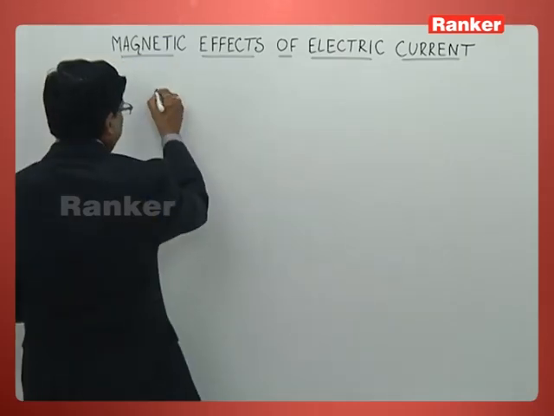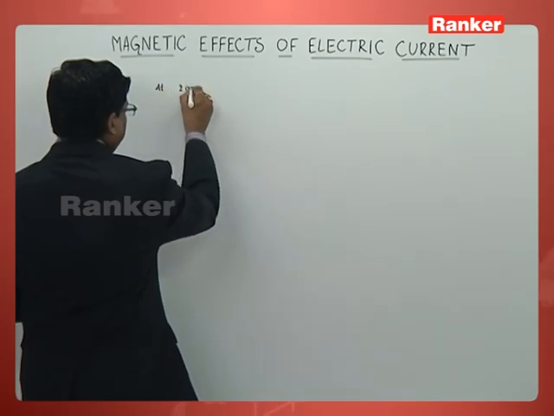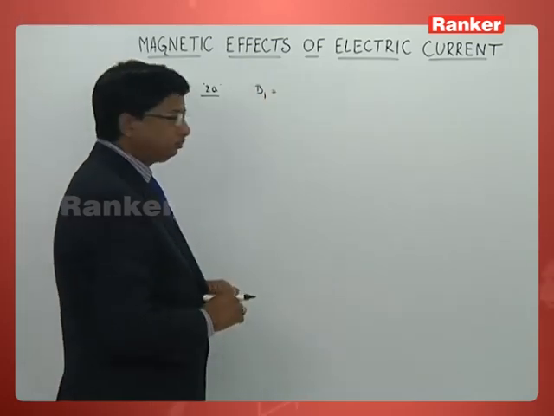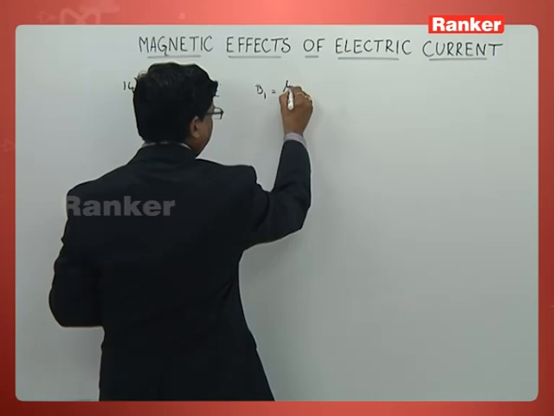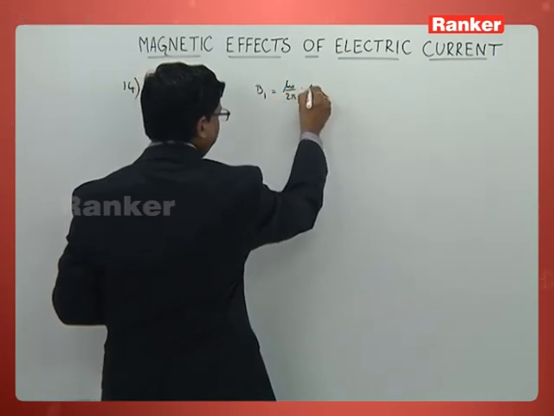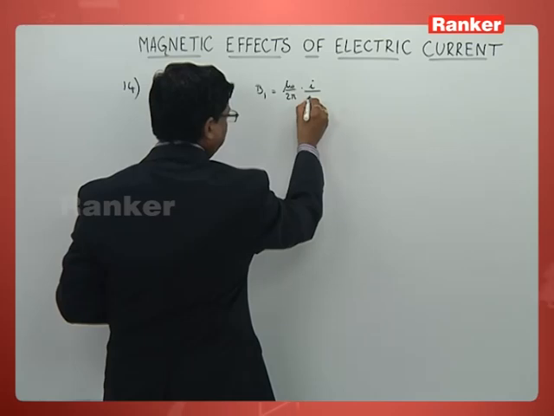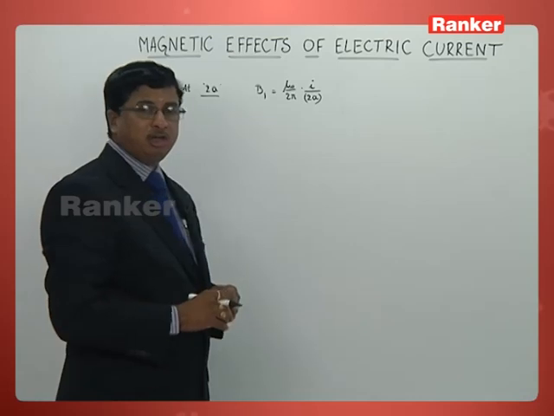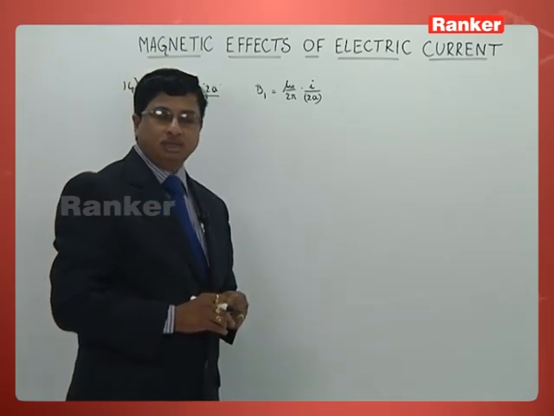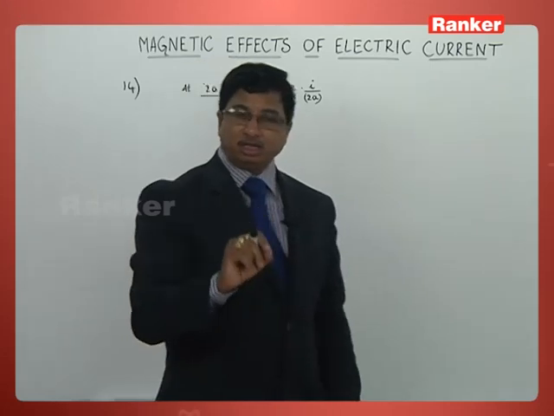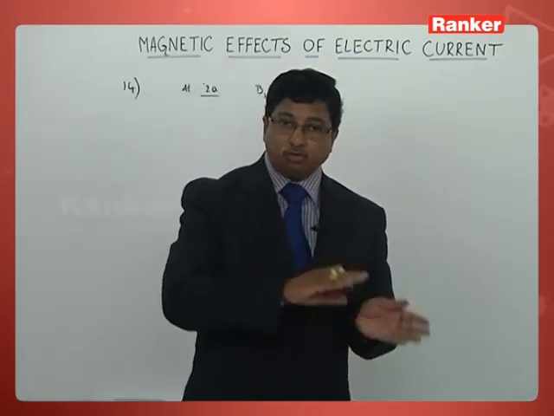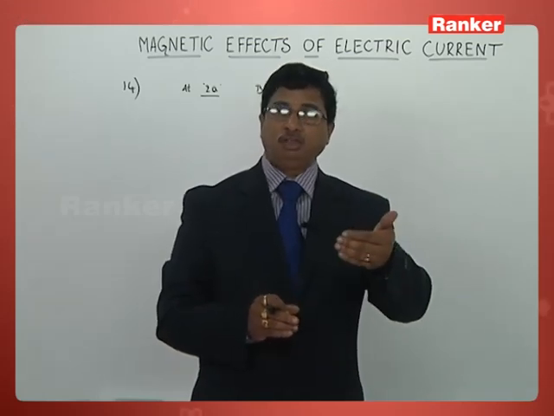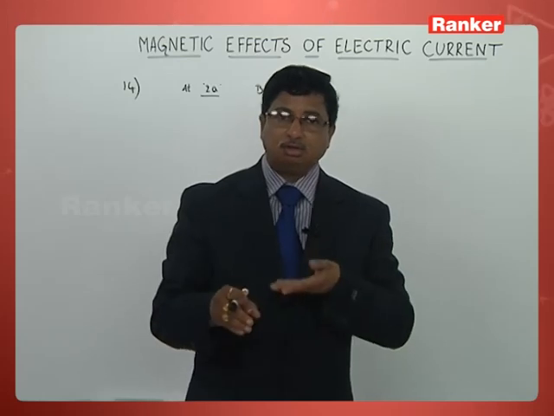At the distance 2A, I take the magnetic field as B1, which can be written directly as mu naught by 2 pi into I by 2A. The actual formula is mu naught by 2 pi into I by r. That is the formula for magnetic induction at a point outside a straight current carrying conductor, at a distance r from its axis.